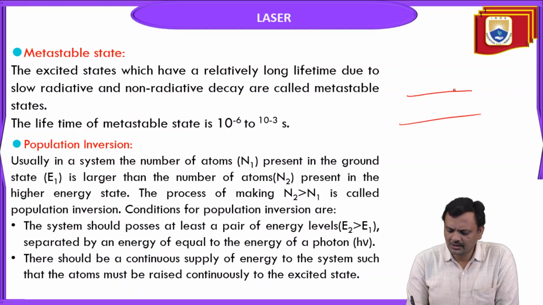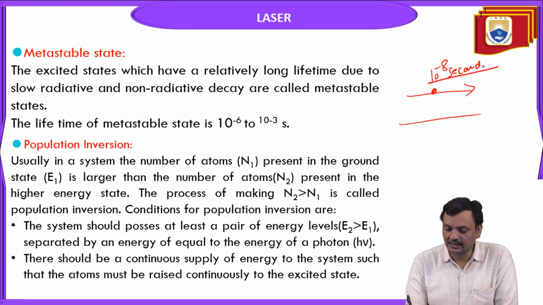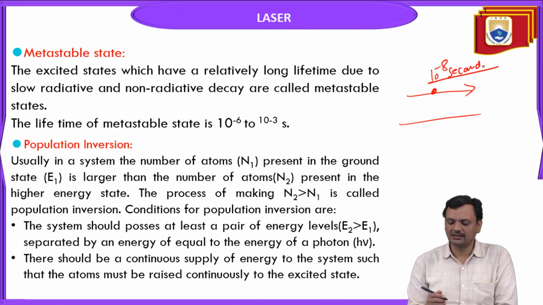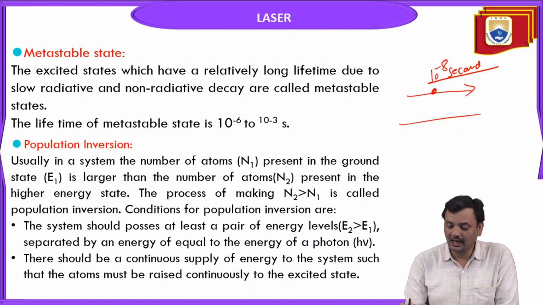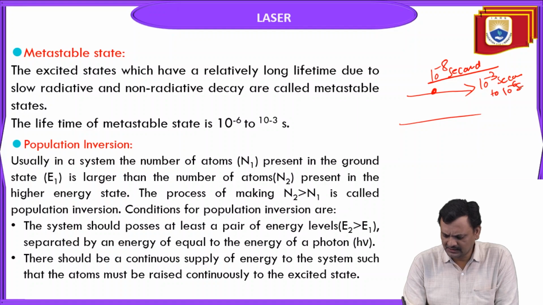And there is one more concept, the metastable state. What I told, generally the lifetime of an excited electron in any normal excited state is 10 to the power minus 8 seconds. But there are cases where some levels exist that have a lifetime greater than 10 to the power minus 8 second, means from 10 to the power minus 3 second to 10 to the power minus 6 second, because of the negative power.